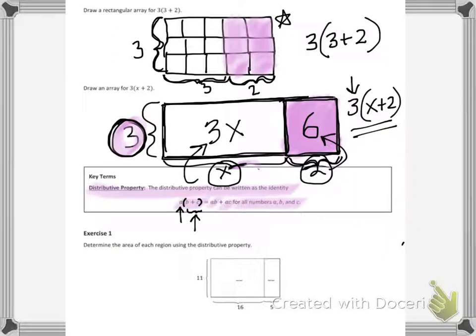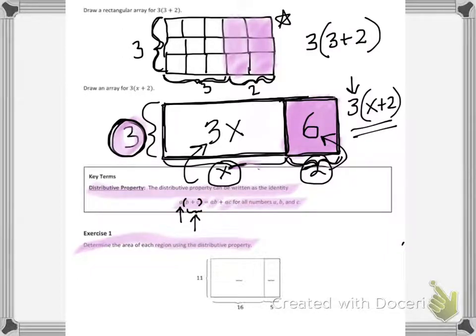So Exercise 1 starts off asking us to determine the area of each region using the distributive property. Little did we know when we were doing area in the past, in certain instances we were using the distributive property.